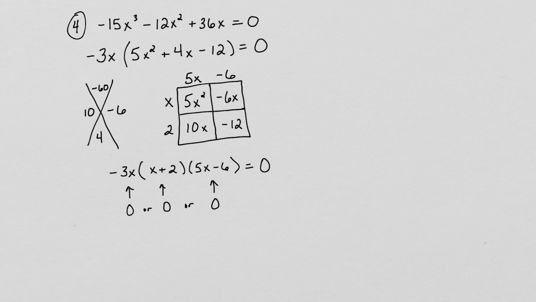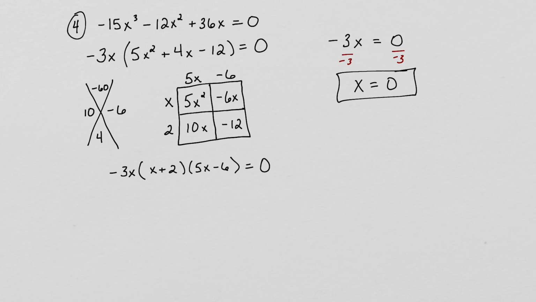And to do that, we're simply going to break them apart and make 3 equations out of it. The first equation will be negative 3x equals 0. Well, obviously, if we divide both sides by negative 3, we're going to get x equals 0 as one of our solutions.